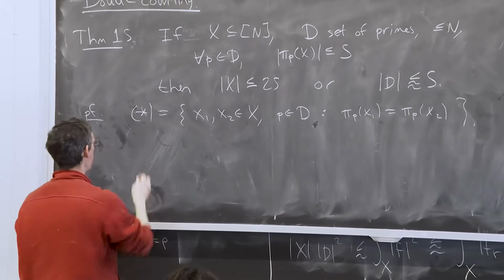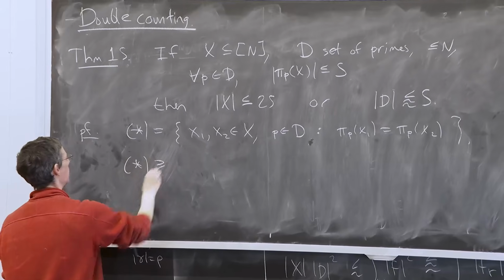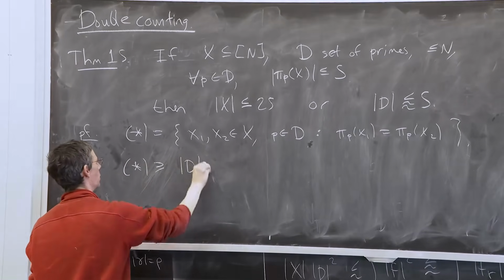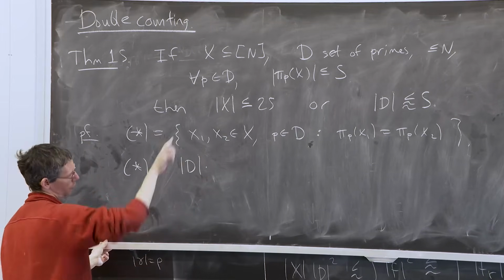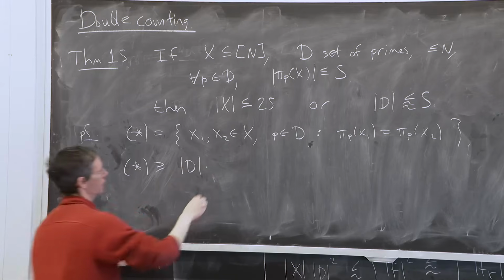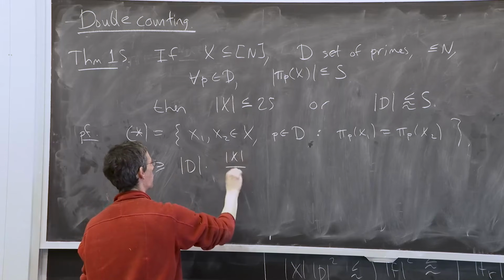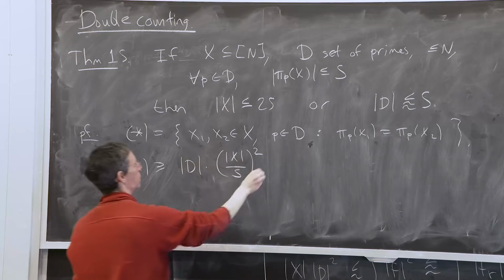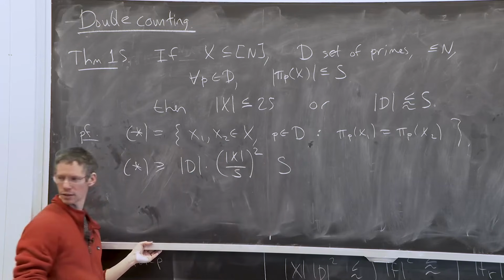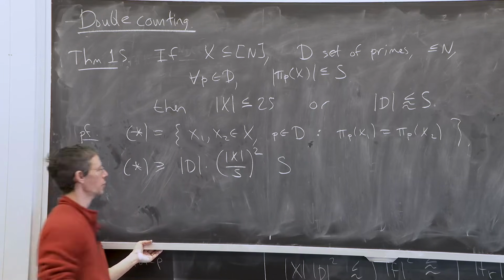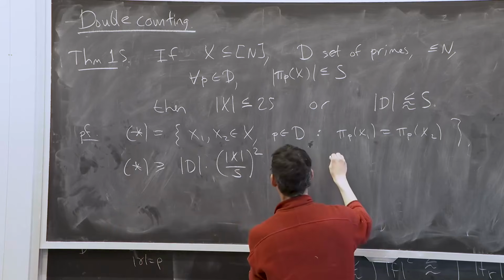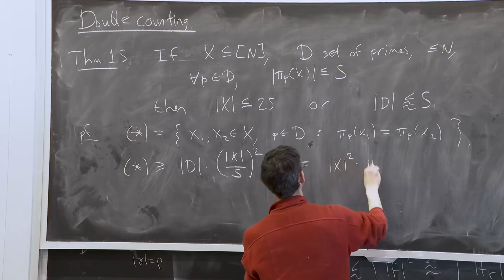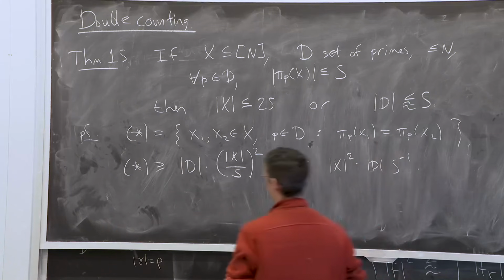One is a lower bound. So star is at least, for every direction, when I do this projection, there are only s images. So a typical image has |X| over s preimages. Square that for my choice of X1 and X2, and then multiply by |D| for the number of choices of the projection. So that's |X| squared |D| s inverse.